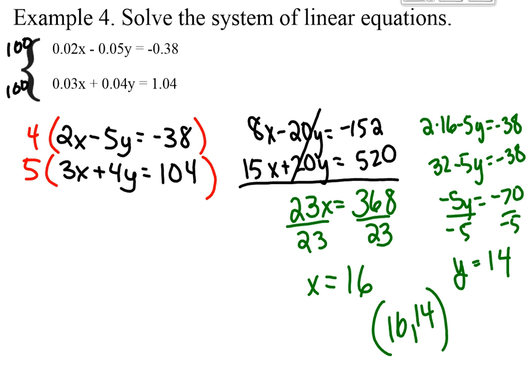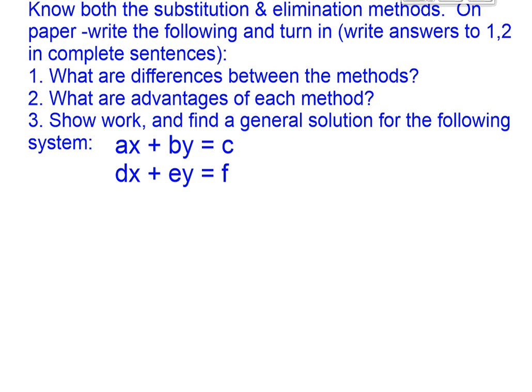And then I have a little thing for you to try, and then I'm going to pause this again for that. We know both the substitution and elimination methods, and so I gave a full sheet of paper, and I'm going to give you a little bit of time to try this, and I'll pause this for those of you who are maybe trying this on your own. You are writing answers to 1 and 2 in complete sentences.